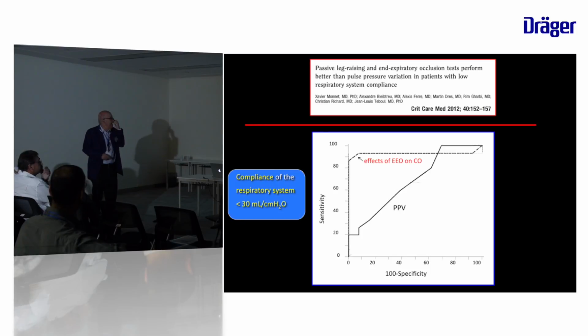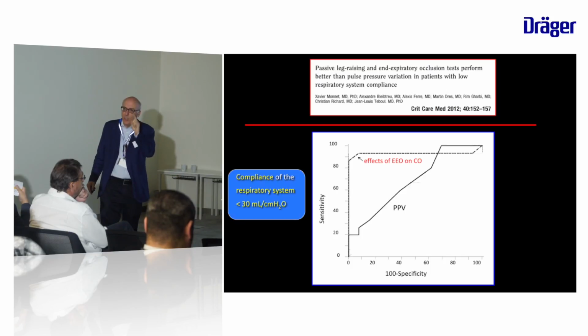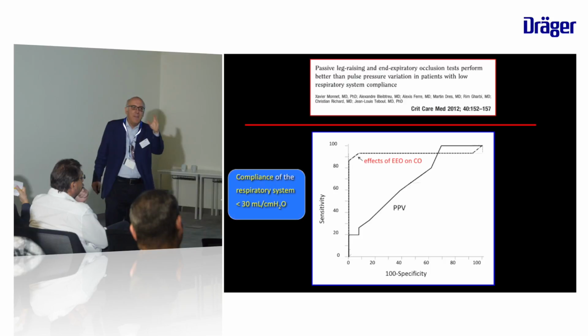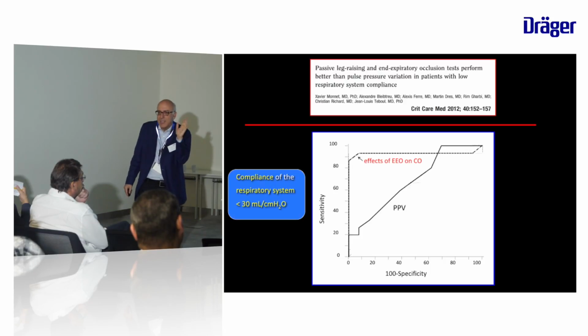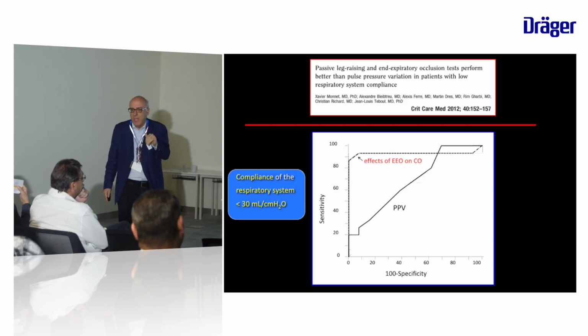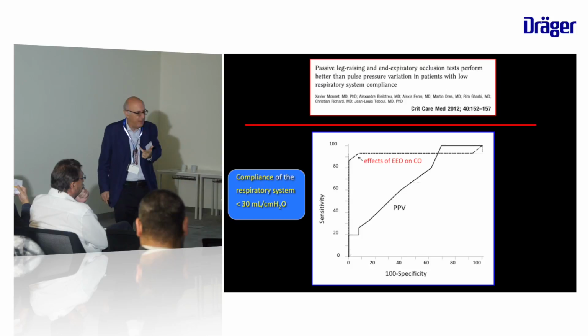In this study, I checked, only 30% had arrhythmia, and many of these arrhythmias were minor. So this does not mean to me that this maneuver may be applied in arrhythmic patients and in spontaneous breathing.